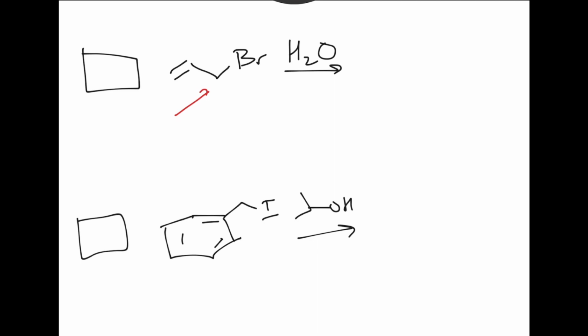So this halide here is primary, but it's also allylic. So a primary allylic halide can do SN1 reactions because the carbocation that you generate has a similar stability to a secondary carbocation.